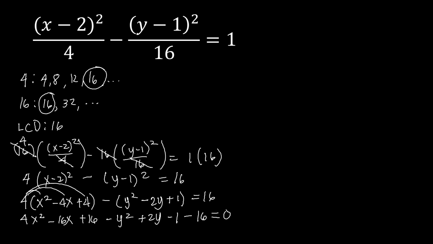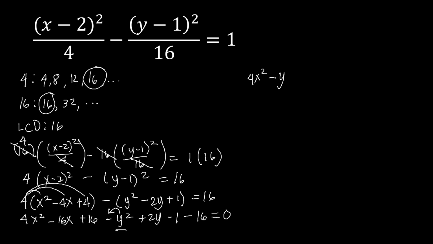Right after that, we are to arrange our equation, starting off with the highest exponent, starting off with x squared. So we have 4x squared, followed by y squared. The sign before that one is a negative, so you will have to bring that with you.